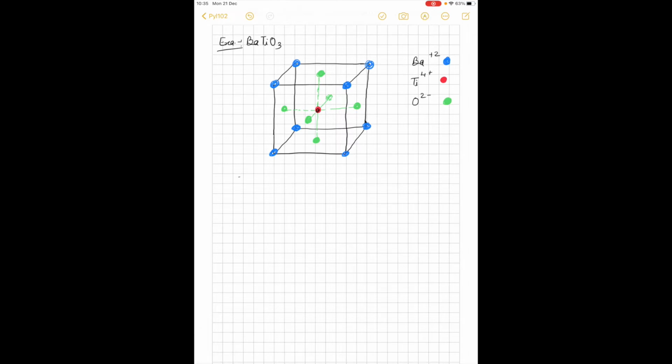So if it happens at high temperature, when the titanium is almost at the average position, the center of the cube, then we have something called the paraelectric phase.